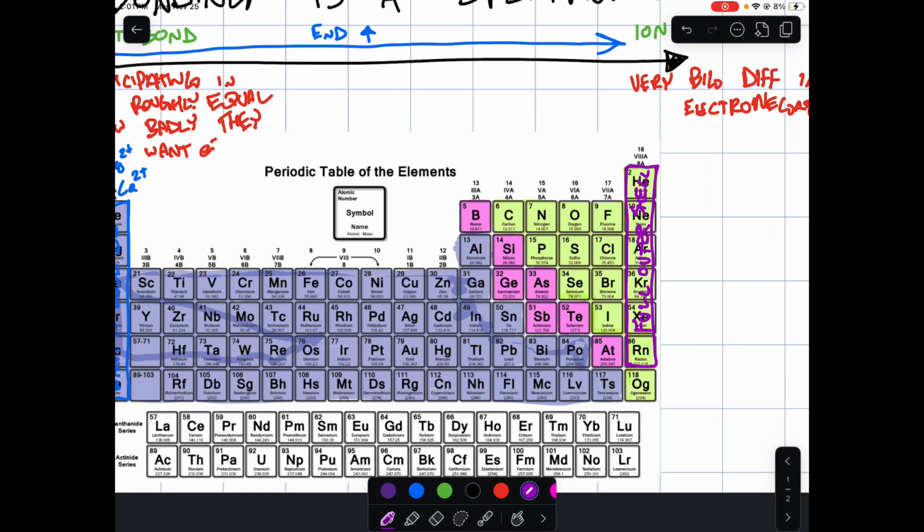And the halogens here, our halogens, they need 1 electron.